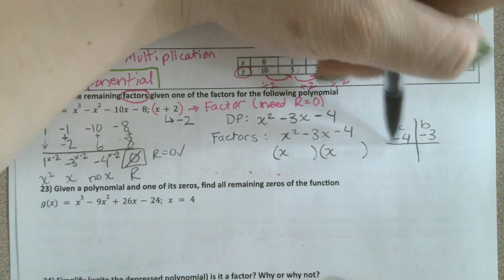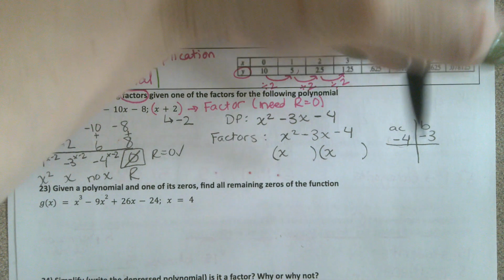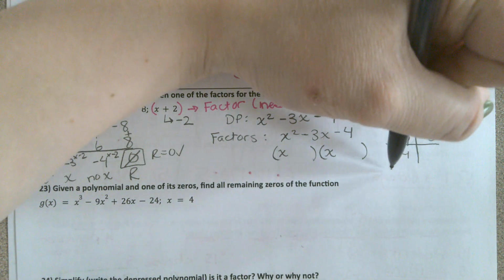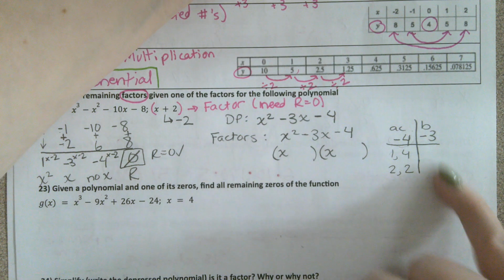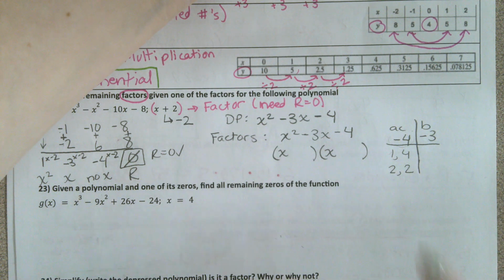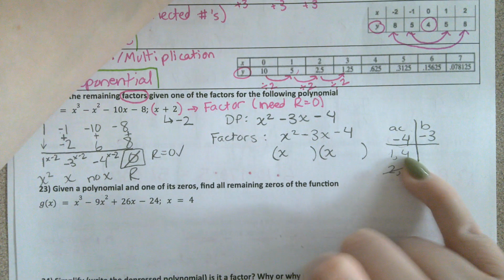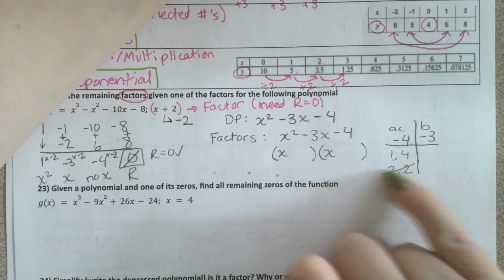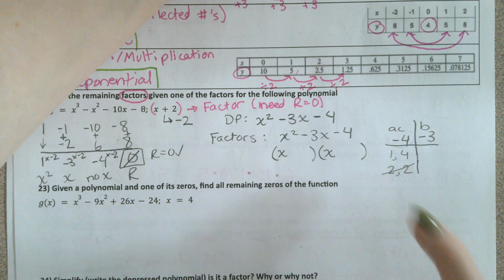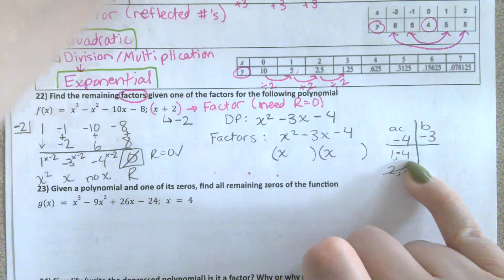All right, so we're looking for factors of -4 that give us -3. 4 has only 2 pairs of factors, 1 and 4, and then 2 and 2. Now we need to get a -3 out of this. 2 and 2 can't give us -3, so I'm going to cross that out. 1 and 4 can give us a 3. And then to get this -4, one of these has to be negative. Since I want a -3, I'm going to put the negative sign on the 4.